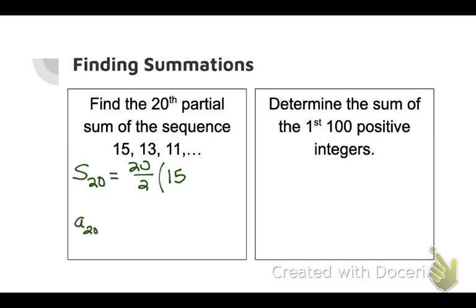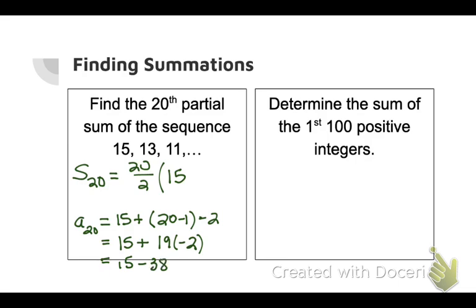So a sub 20 would be equal to the first term, 15, plus n minus 1, so 20 minus 1, times the common difference, and in this sequence we are always decreasing by 2, so negative 2. So 15 plus 19 times negative 2 would be negative 38. So negative 23.